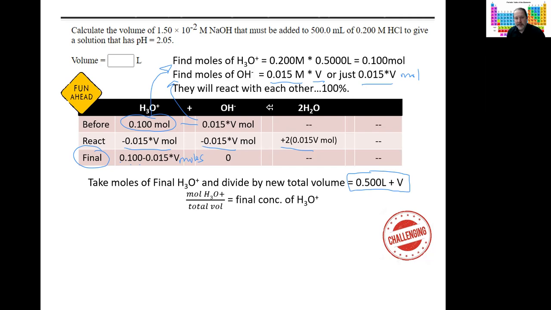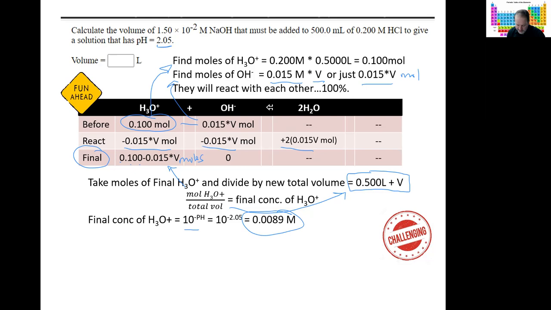So to figure out the final concentration of the hydronium ion, I take the moles divided by the total volume. What's my final concentration? That's what the pH is for. So I take 10 to the minus pH, and with a pH of 2.05, I can figure out that the final concentration is 0.0089.